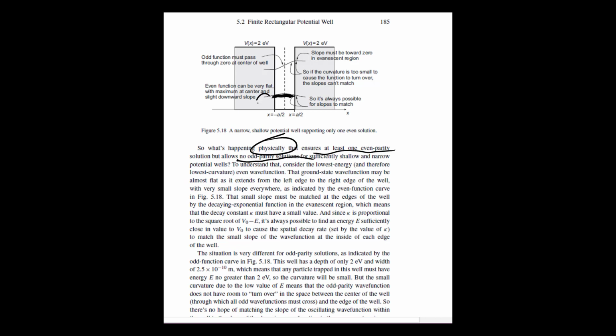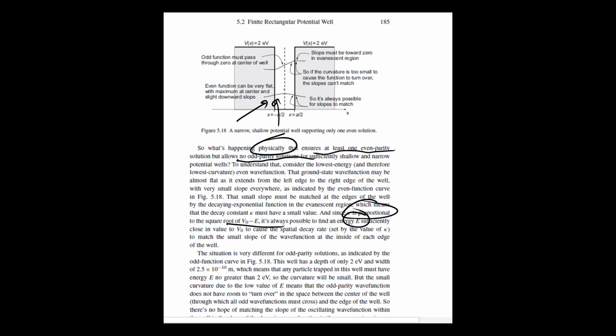And in the evanescent region, the curvature is proportional to the square root of V0 minus E. So there will always be some E between 0 and V0 that has just the right difference from V0 to set the curvature in the evanescent region so that the slope matches the slope on the other side of the boundary.